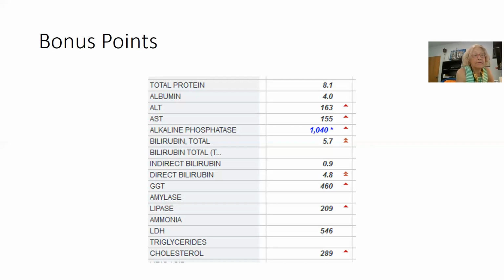Now, if this same patient had a cholesterol of 45, it would be a really good marker of synthetic function because she's losing her ability to make cholesterol. It's something that often you have the lab result for, but you don't really think about it being helpful.